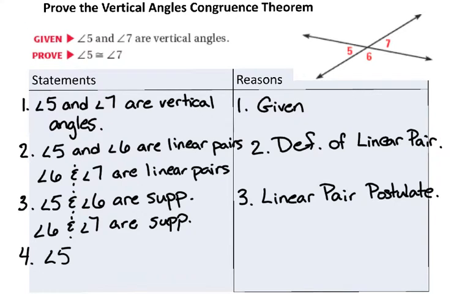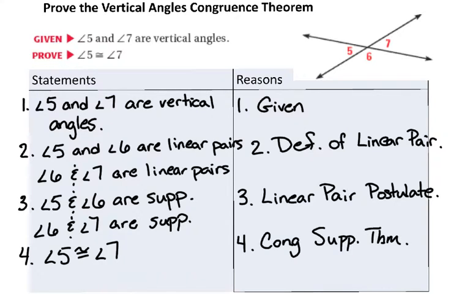So angle 5 is congruent to angle 7, by the congruent supplements theorem. Okay, and that's where we are. That's how we get the vertical angle congruence theorem.